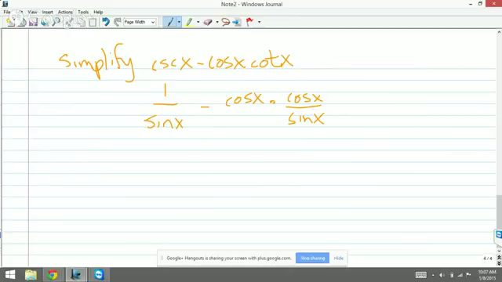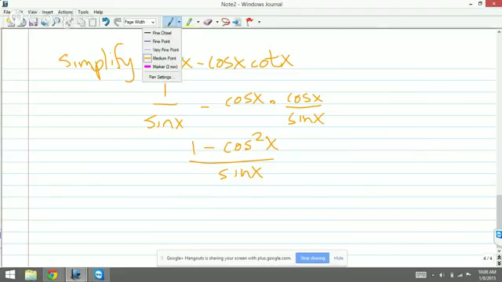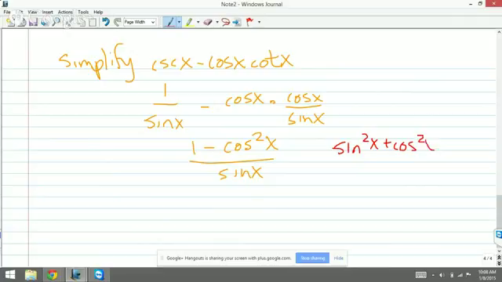1 over sine x minus cosine times cosine over sine. So here's where we are. Because they have a common denominator, 1 minus cosine squared x. I need to use this identity to get rid of the top.